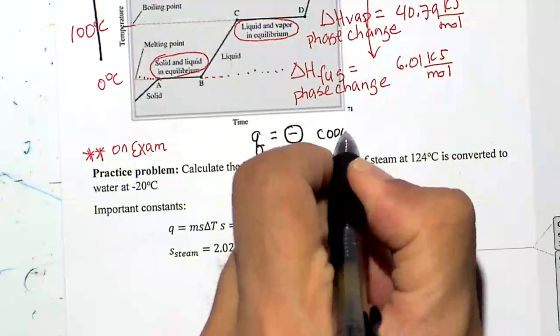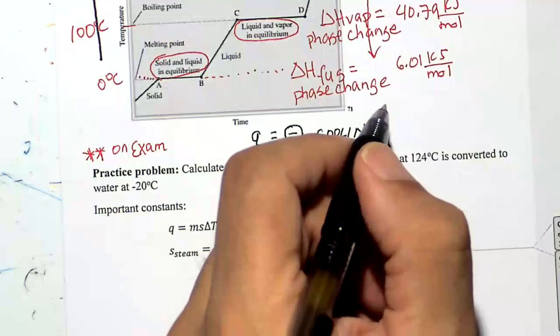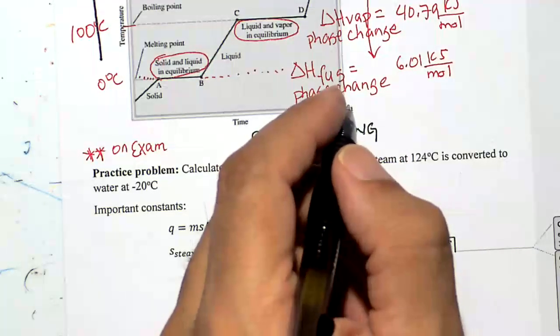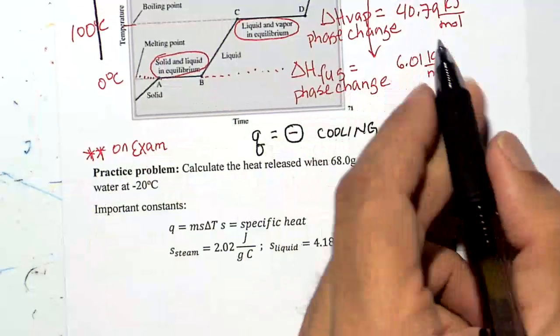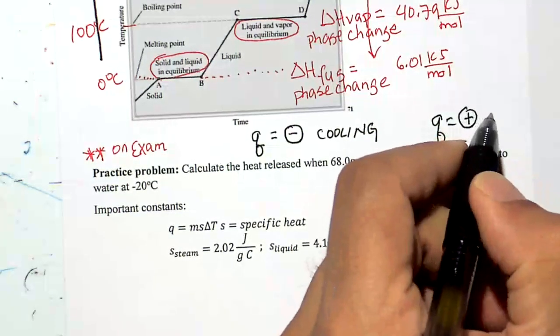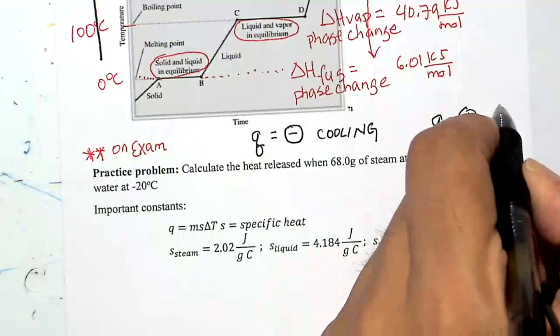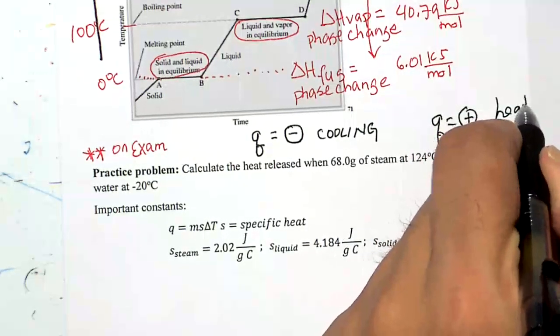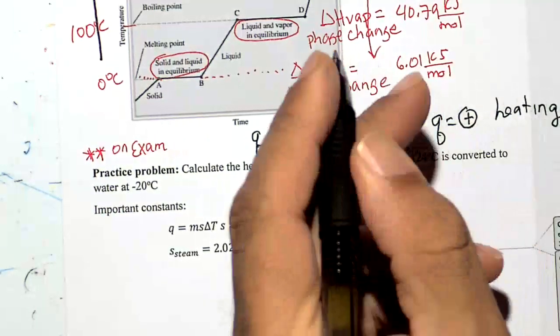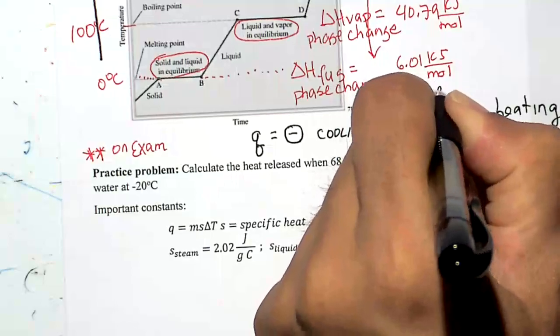This happens when you cool. This is a convention that was given by the thermodynamics people several decades ago. On the flip side, if you're adding heat or adding energy to the system, that's heating, and your q will be positive. This lowercase q is heat.